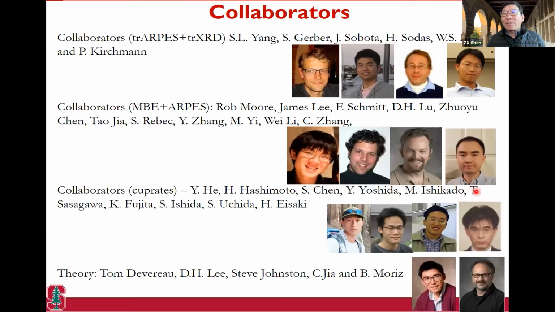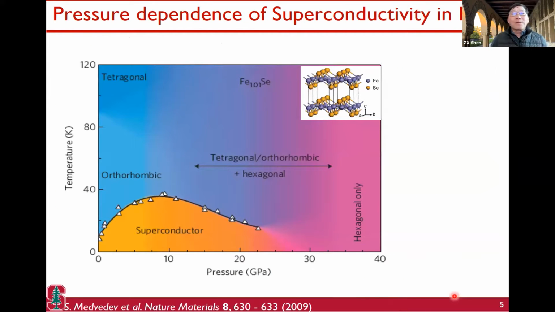And some of the recent work really, so you contributed a lot. And now I'll touch on one or two slides of the cuprates. That's a long-standing collaboration. And a lot of work here benefits from the interaction with Deng Hai Li and Tom Devlin.